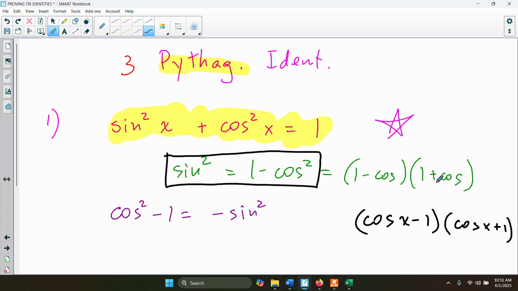Hopefully you see that. It's really the same thing, but this is a negative version of that. This must mean this is negative sine squared, which is cosine squared minus 1.